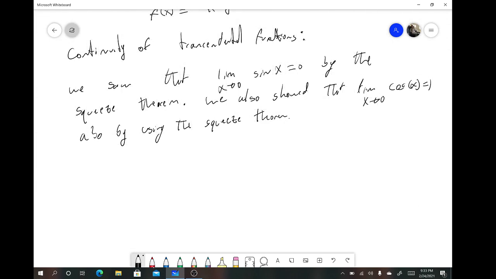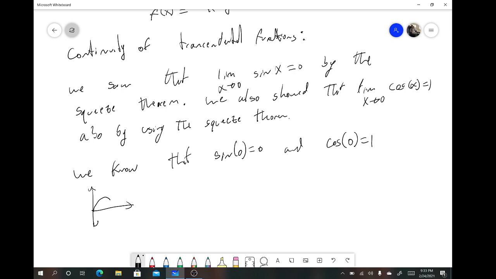Alright, so what about sine and cosine? Are sine and cosine continuous? Well, we know that you could use a calculator to verify this, or the sine and cosine waves. We know that sine of 0 is simply equal to 0, and cosine of 0 is equal to 1. And this we know from their waves.